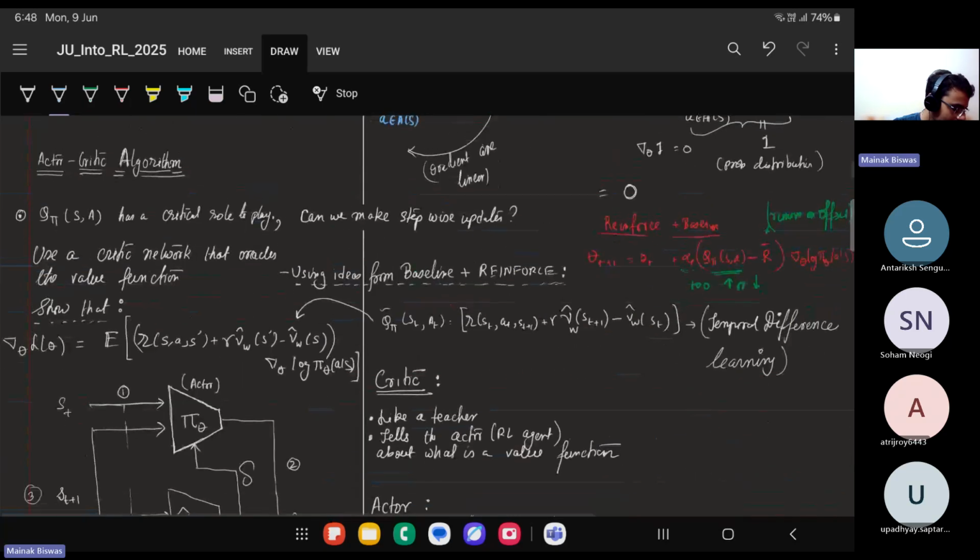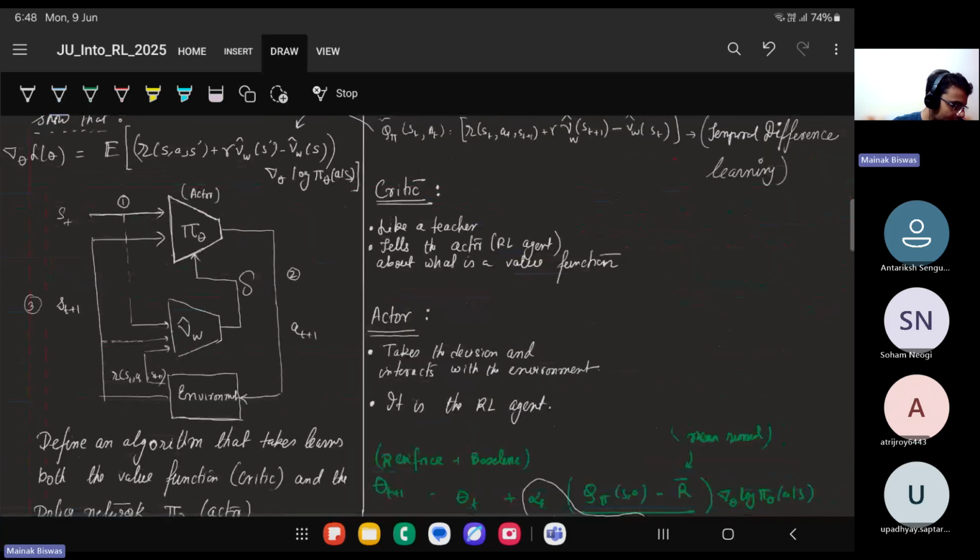How do you do this? You can clearly see this from this diagram that I have. Given a state S_t, I pass it through the policy network, or the actor network. This will give me an action A_t, which I represented as 2.